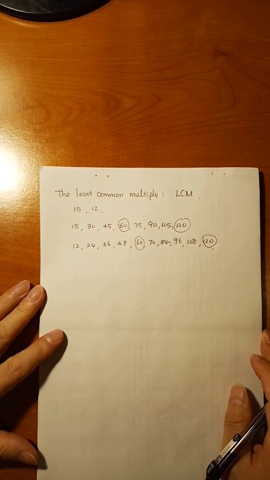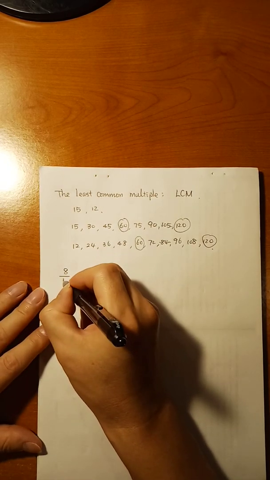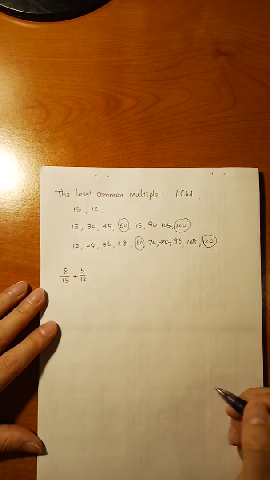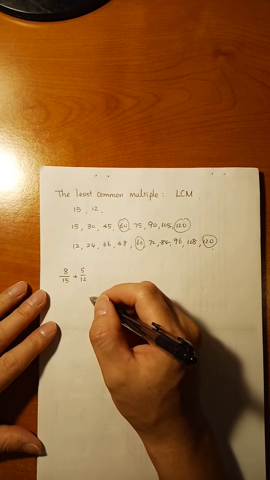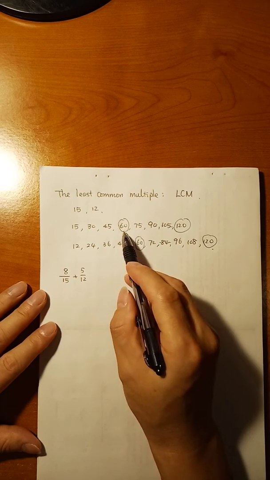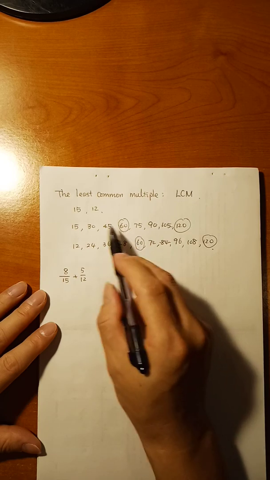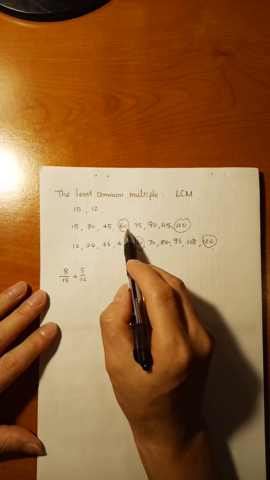The least common multiple is helpful when you try to add two fractions, two rational numbers. For example, if we want to add 8 over 15 plus 5 over 12, assume you know that the least common multiple is 60. And 60 is 15 times 4. You see here, times 1, times 2, times 3, times 4.